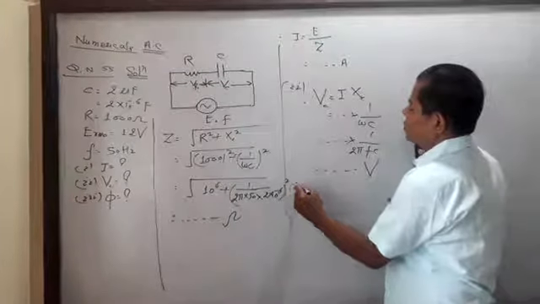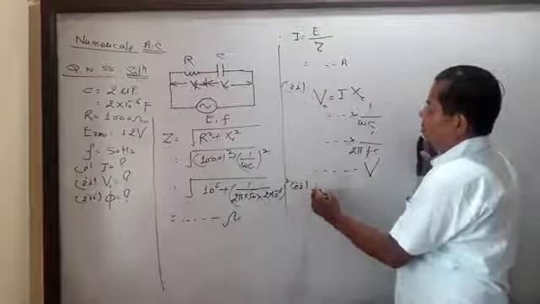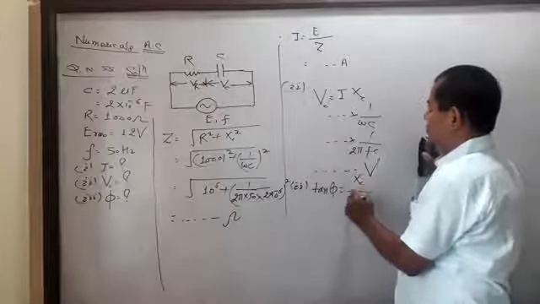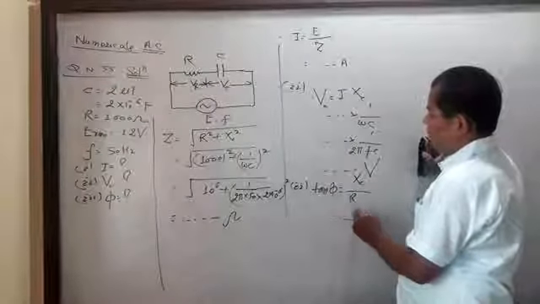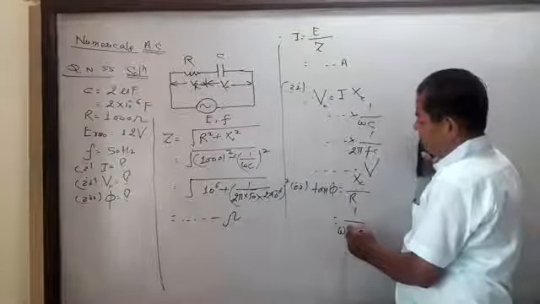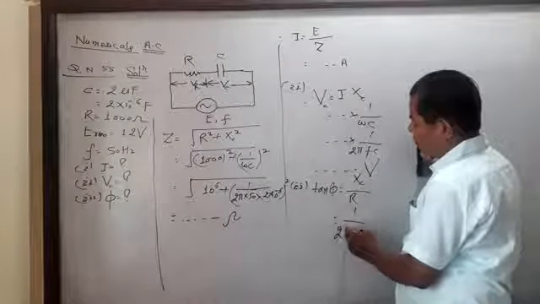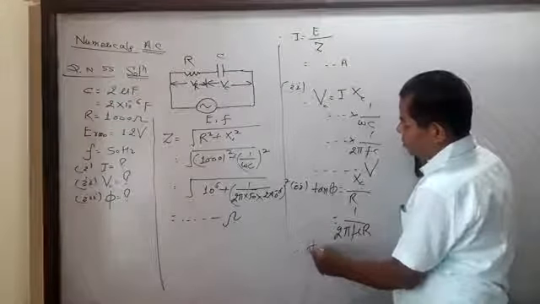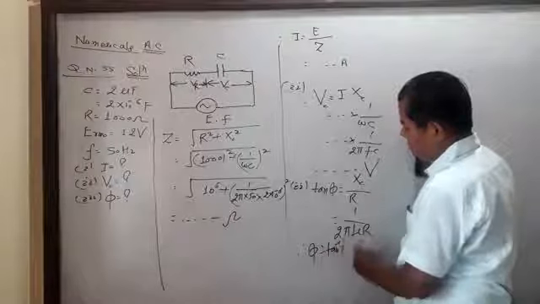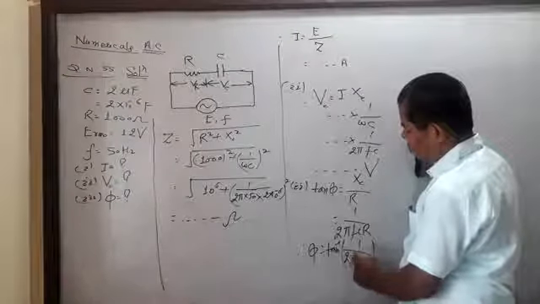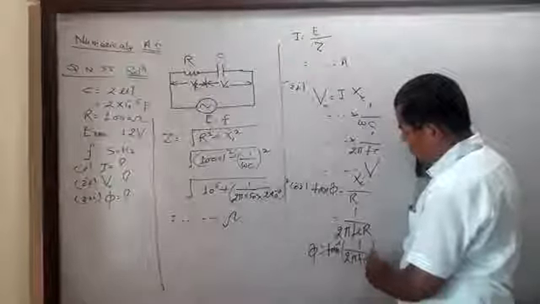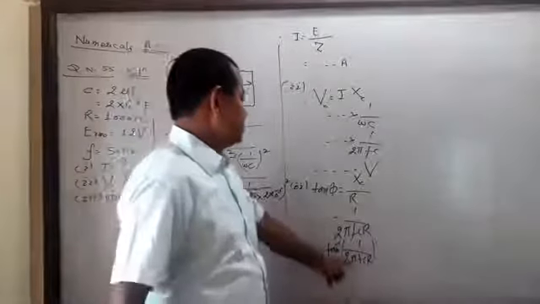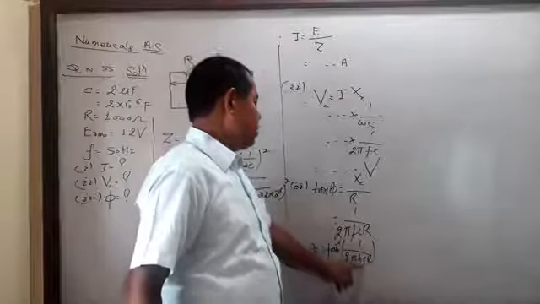The phase angle has the formula tan phi is equal to XC divided by R, and XC has value 1 by omega C, that is 1 by 2 into pi into f into C. Therefore phi is equal to tan inverse of 1 divided by 2 into pi into f into C into R. In this equation, frequency is given, C is known, R is known.